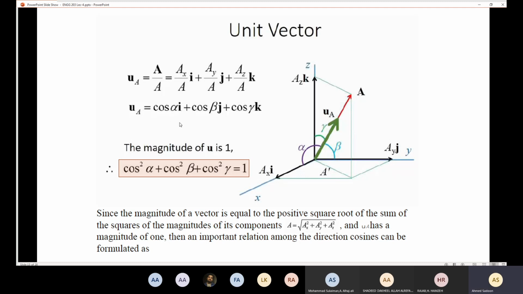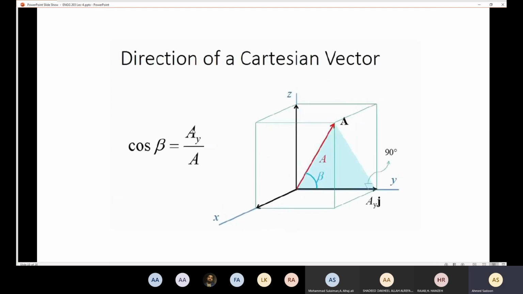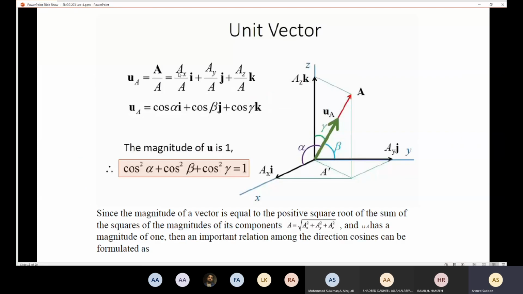And if you do remember, when we defined the angles, we said that cosine alpha is AX over A, and cosine beta is AY over A, and cosine gamma is AZ over A. So instead of writing AX over A, I could write cosine alpha. And the same thing here, we have AY over A, we are going to write cosine beta. And instead of AZ over A, we are going to write cosine gamma.